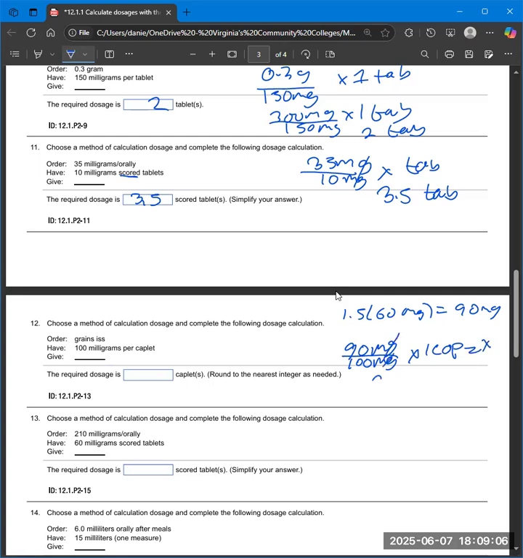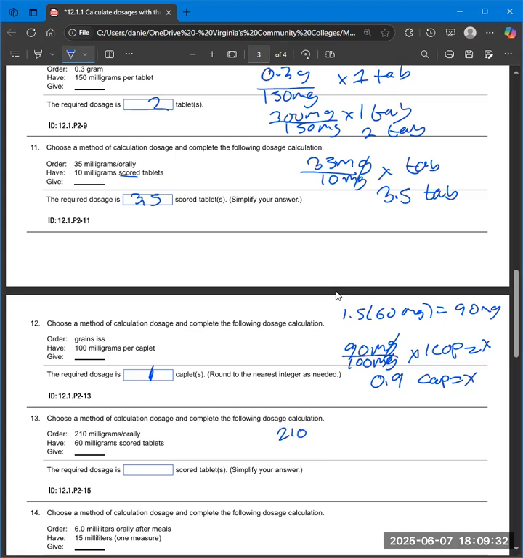And we have 9/10. We can't give them 9/10 of a caplet or capsule. We have to round up to 1. So again, though, talk to the prescriber when you're going to round up like that. Make sure that's not an overdose. Don't just make decisions like that.